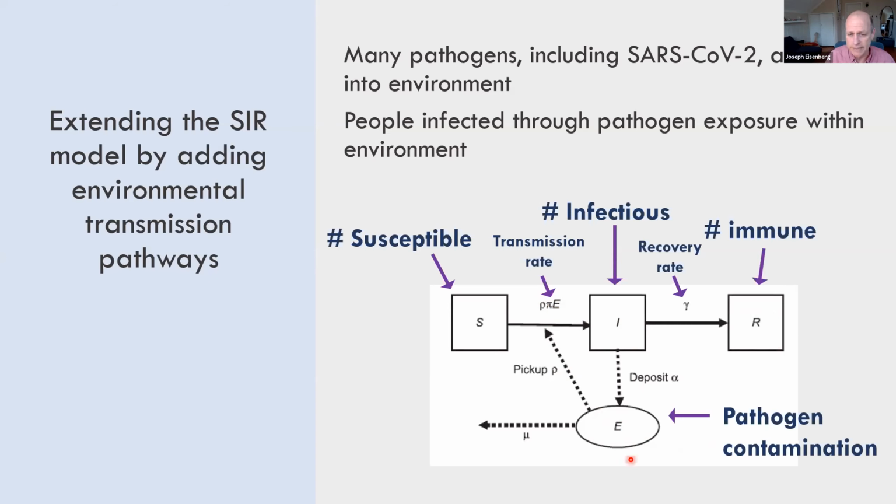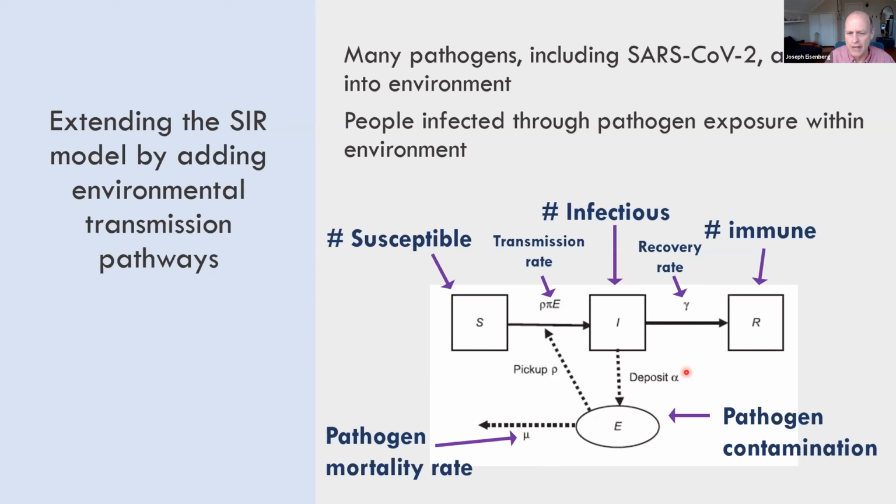Importantly, as I mentioned, we've got the number of pathogens in the environment that we're explicitly accounting for. And we're accounting for the fact that pathogens will die off in the environment, or they'll leave the venue in which you're modeling. So this mu could account for die-off, but also attenuation due to dilution, for instance.